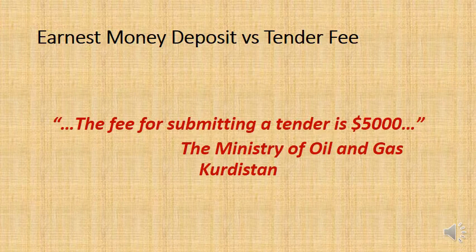Therefore, probably Cardo is going to say, if I only have a 1 in 5 chance of winning this project and I'm going to lose $5,000, that means the final tender price I'm going to submit is probably going to be around $140,000.